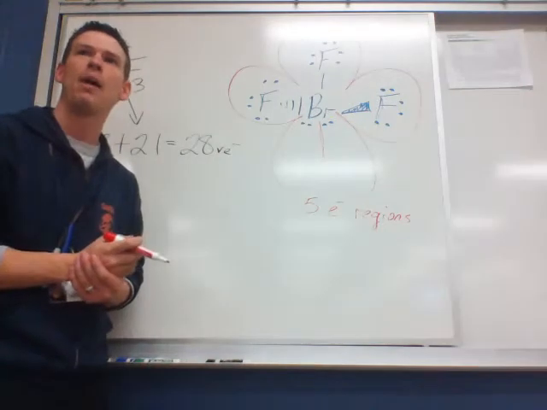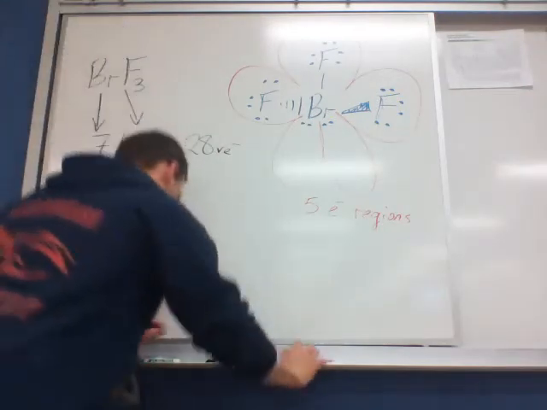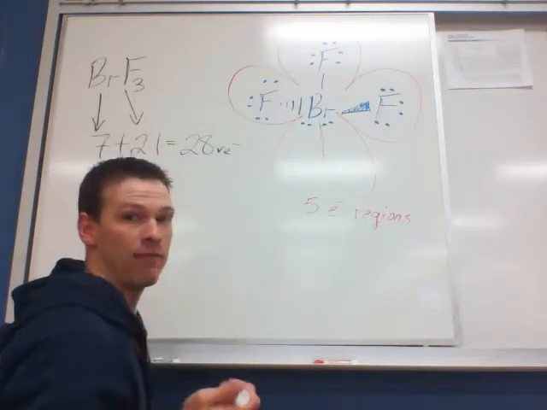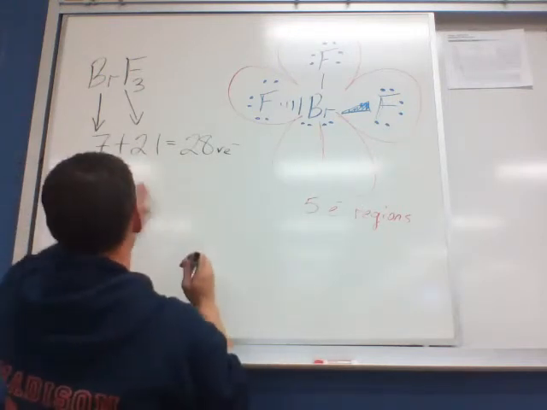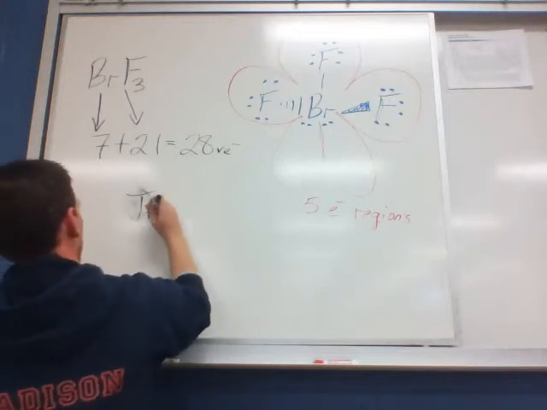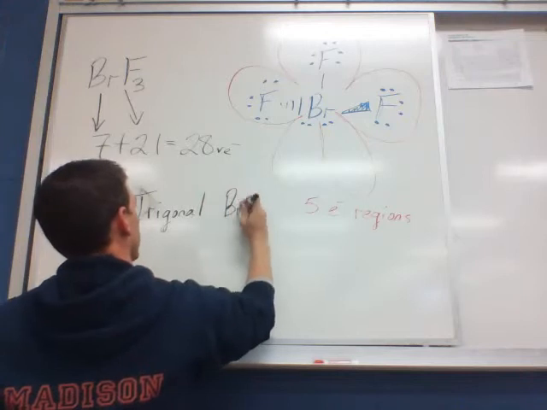I hope that you can see how I differentiated between them. And what I want you to know is that anytime you've got 5 electron regions like that, it is called, and whoops, I'm going to lie to you. It is called trigonal bipyramidal.